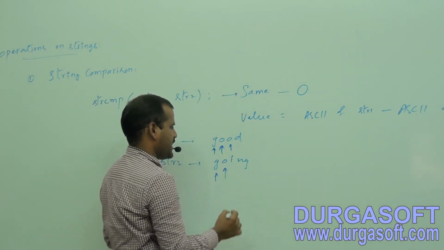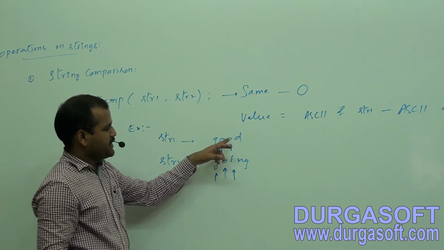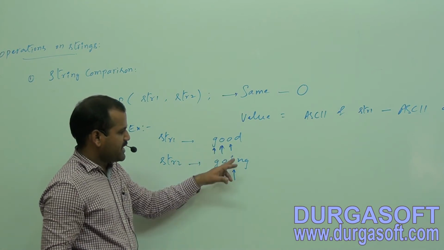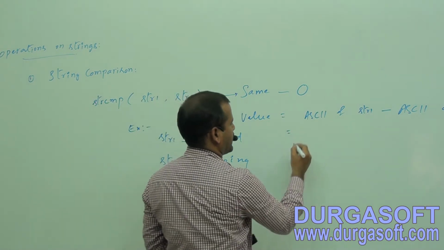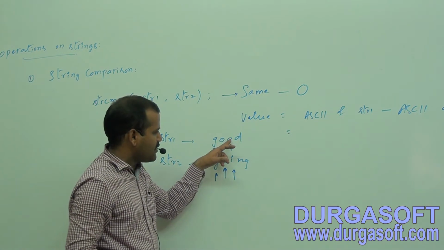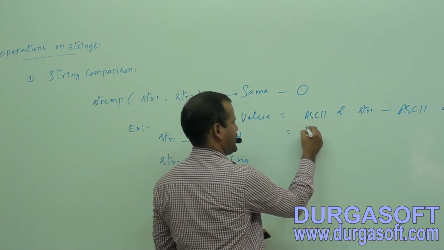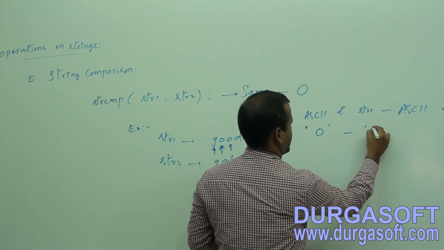Here in the first string it is O, and in the second string it is I. So there is a mismatch in these two characters. This mismatch means the function immediately gives the difference of the ASCII value of this O and the ASCII value of this I. So the value is the ASCII value of O minus the ASCII value of I.